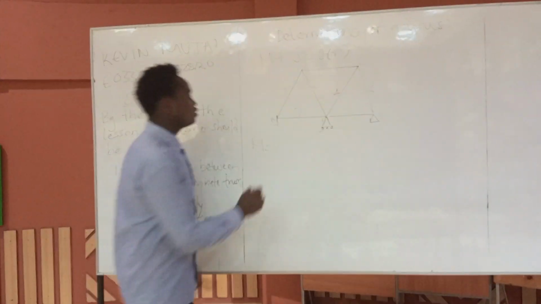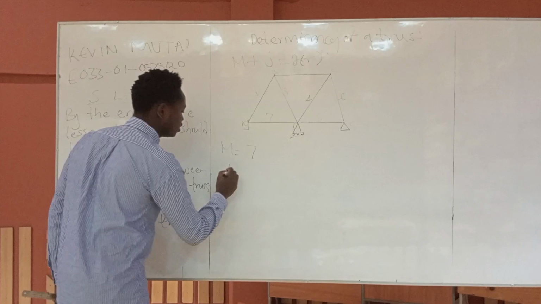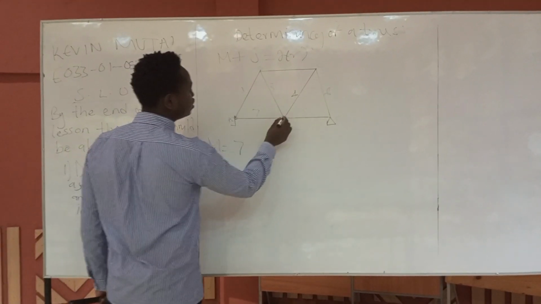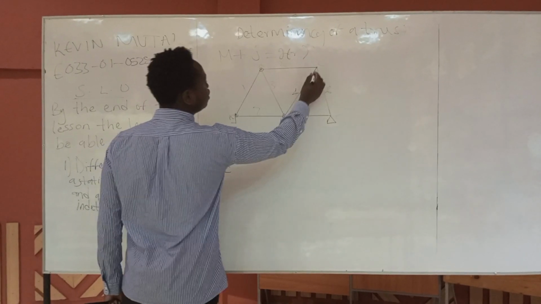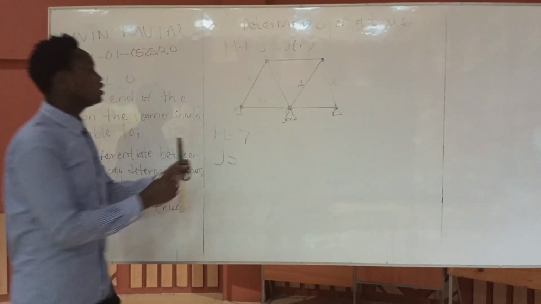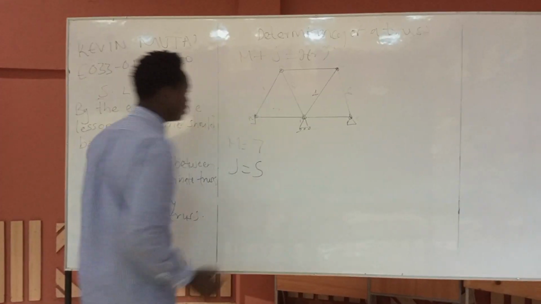So as you see, we have 7 members. Now the joints: 1, 2, 3, 4, 5. The joint is the point in which members meet. So we have 5 joints.